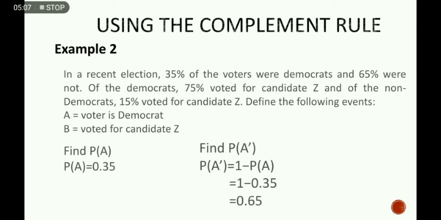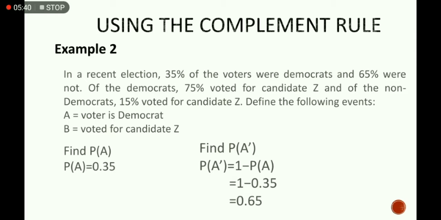So sabi dito na ang A daw ay yung voter is Democrat and sinabi dito na 35% of the voters were Democrats. So, yung probability of event A is 35%, which kinonvert sa decimal, 0.35. So, hinahanap din dito ang probability ng complement ng A. So, by using ulit ng formula, substitute na lang natin para madali.